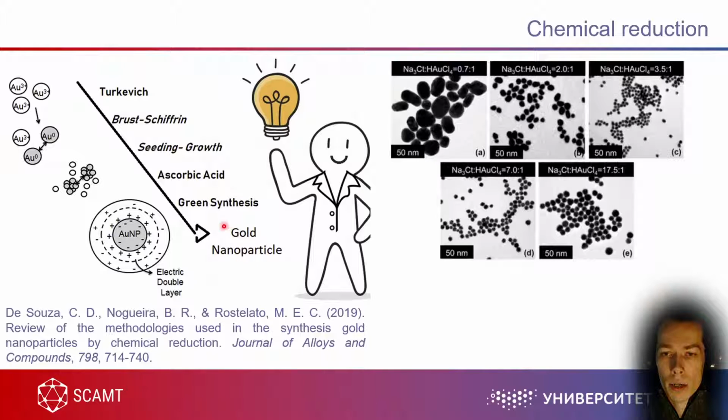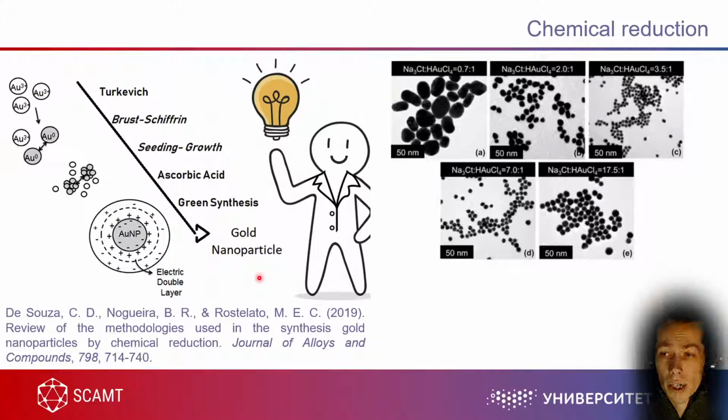When these particles are produced by reduction, there's an electric double layer on the surface of each particle, and these particles are usually called electrostatically stabilized. This stabilization is not very good, because if you add something to your media with your particles, it will definitely cause some aggregation.